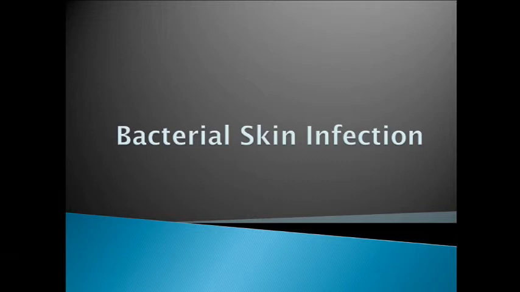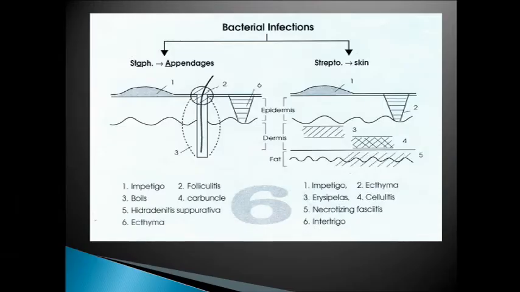Now wherever there is a breach in the skin mucosa, the exogenous infection will go into the wound and cause various cutaneous manifestations. So first we have to see how these bacterial infections are happening.